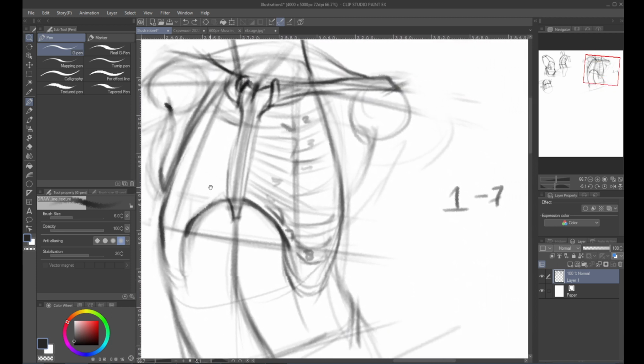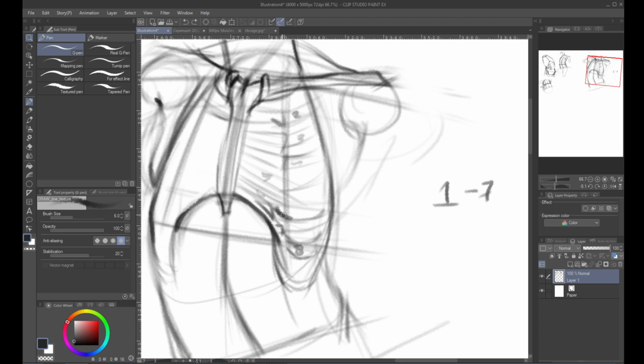Now that we discussed the main points, we can show the ribs that we will be drawing often more clearly. So this here is the 6th, this here is 7th.